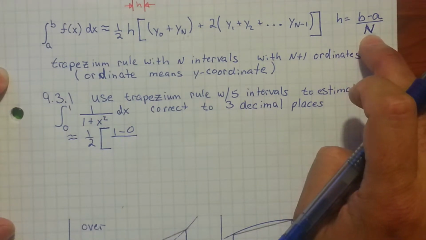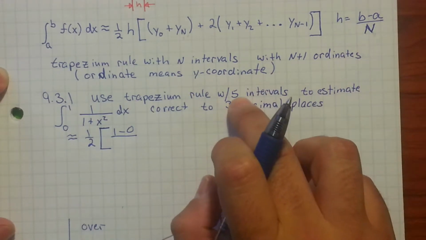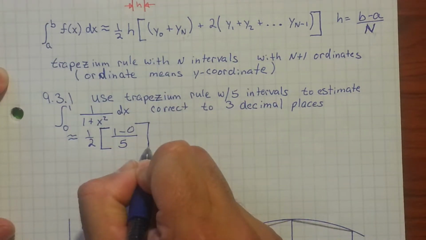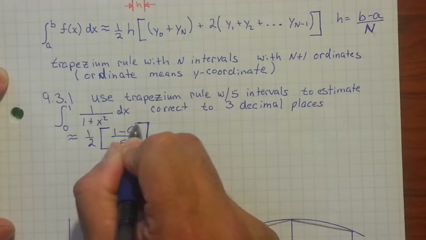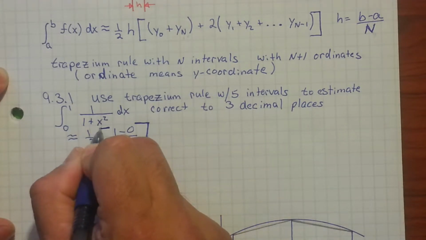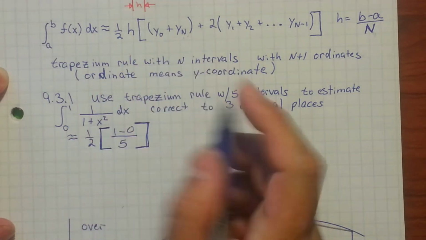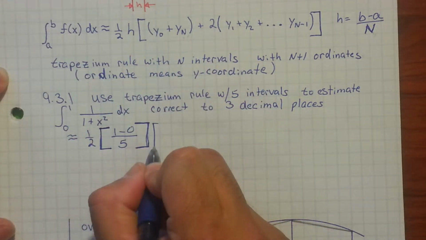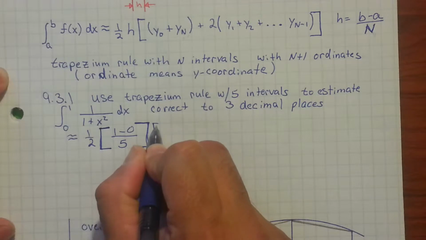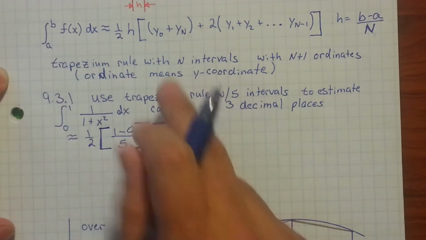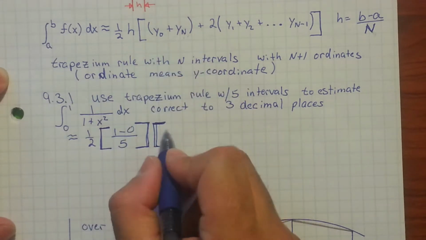So n is going to be how many intervals, so the number of intervals is going to be 5. So I'm going to bracket this, just because I feel like it. So that's going to be my h value, times all this here.